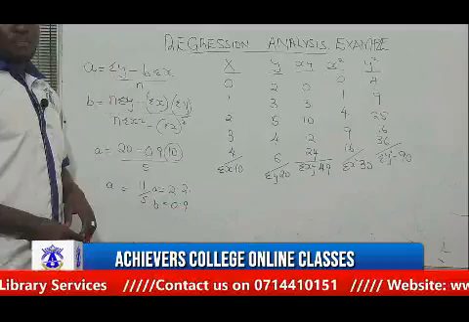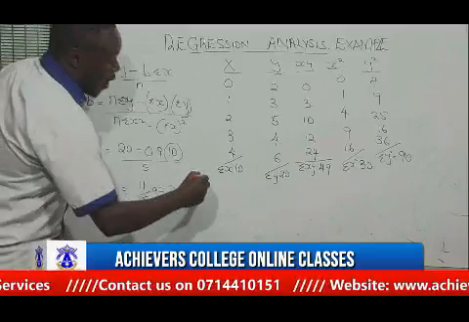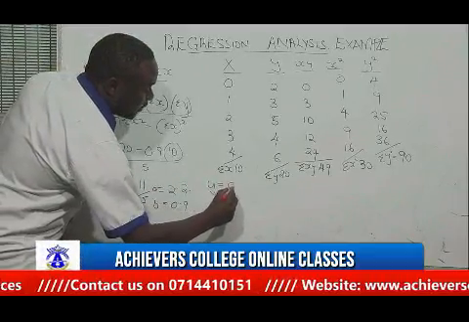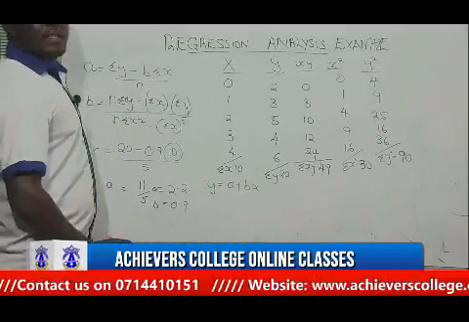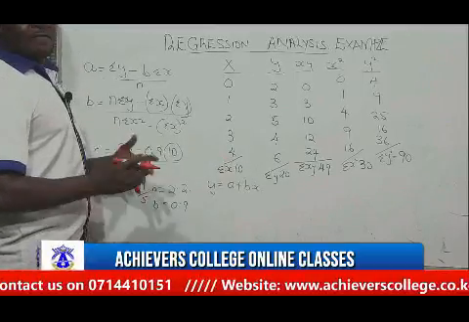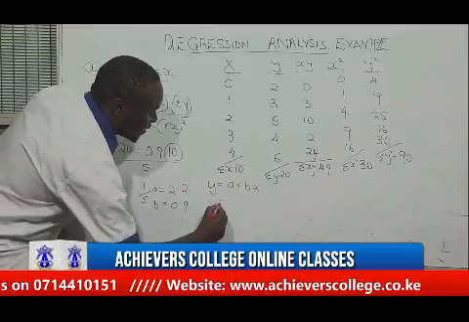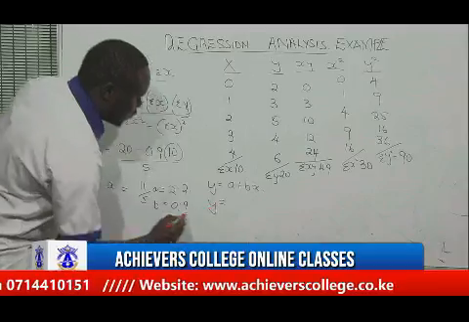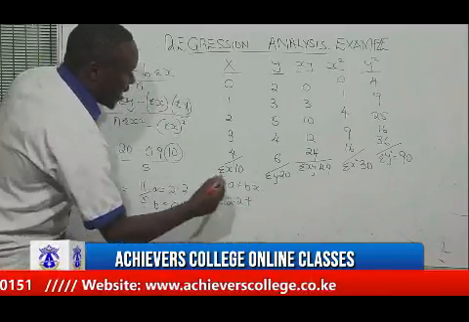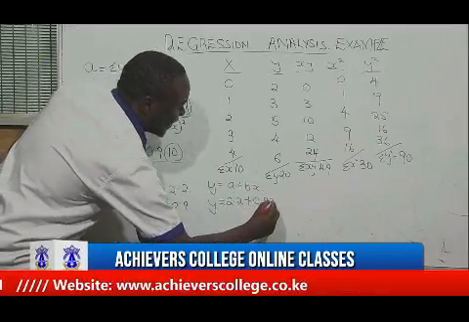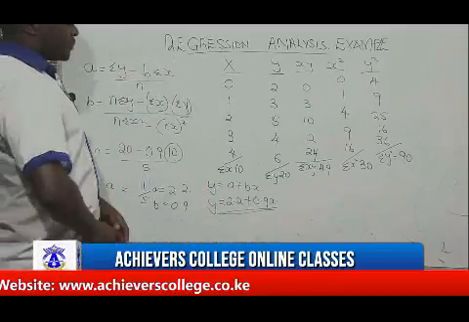Don't forget that the value of b is 0.9. Therefore, if you are looking at the regression equation, y is equal to a plus bx, you have the value of a and you have the value of b. Therefore, your linear function will be y is equal to 2.2 plus 0.9x. So this will be your linear function.